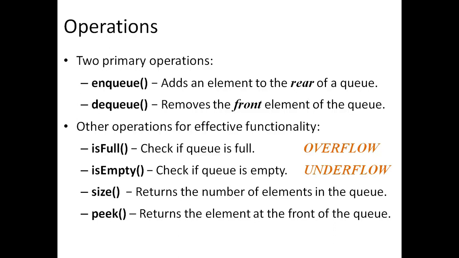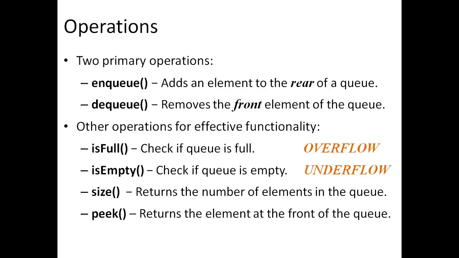So this function will return true if the queue is overflowing. Then there is a function isEmpty. It is used to check if the queue is empty or not. If the queue is underflowing, then the function will return true, else false.